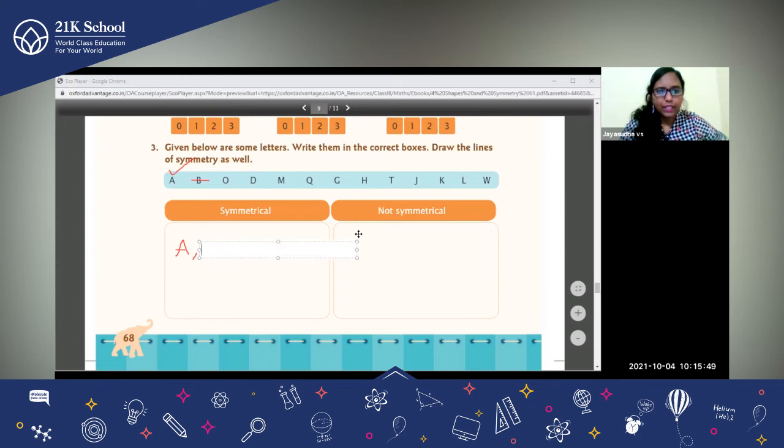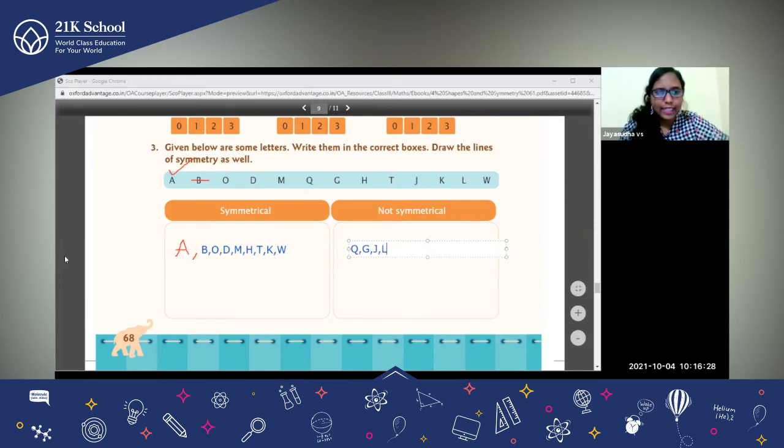So under symmetrical, the letters would be B, O, D, M, H, T, K, W, and under asymmetrical: Q, G, J, and L. So I'll explain it anyhow.